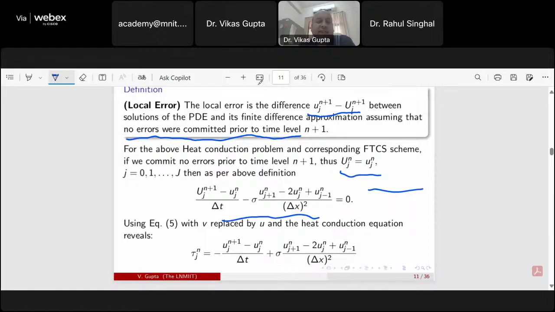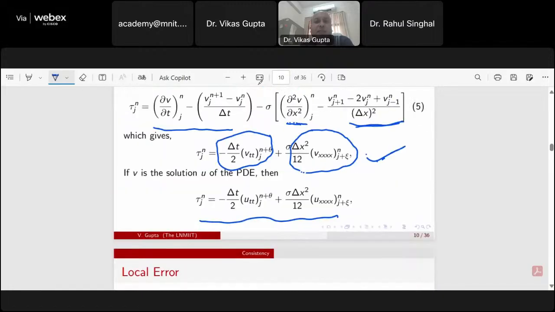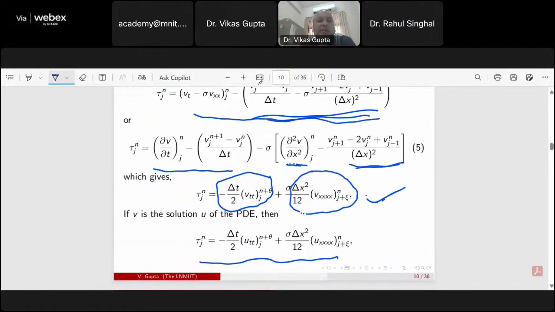Now in the last equation, in equation number 5, if we replace V with the solution u of the heat conduction problem, then the solution u satisfies the heat conduction equation u_t minus sigma u_xx.